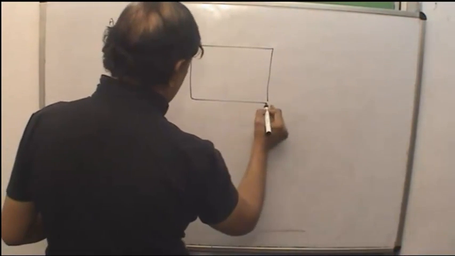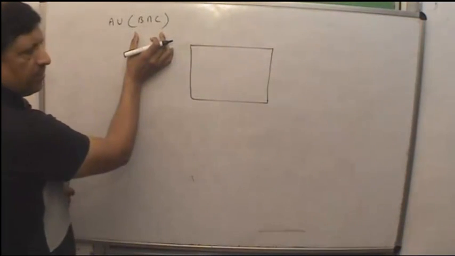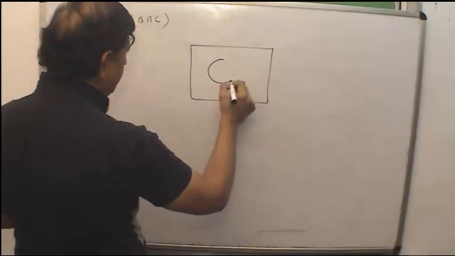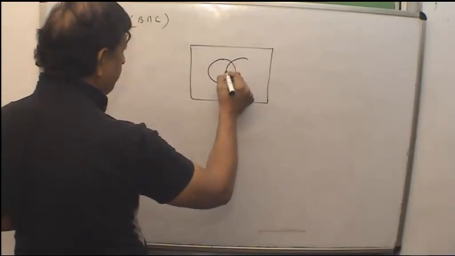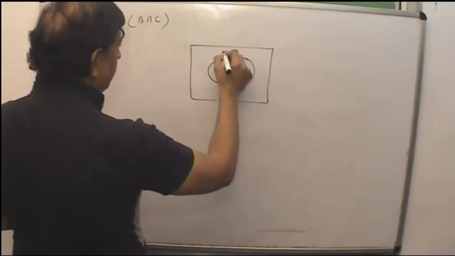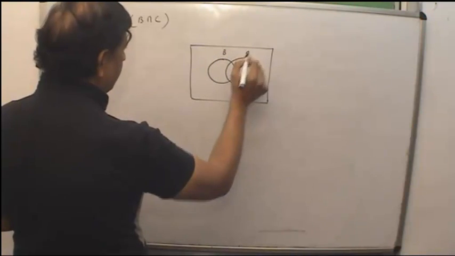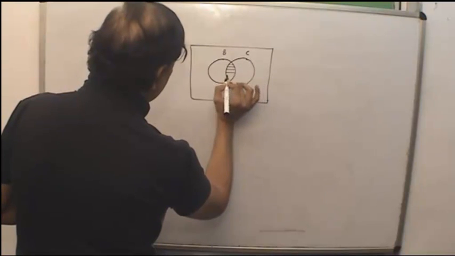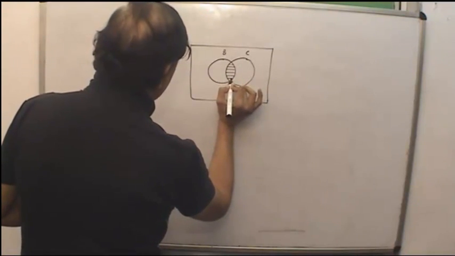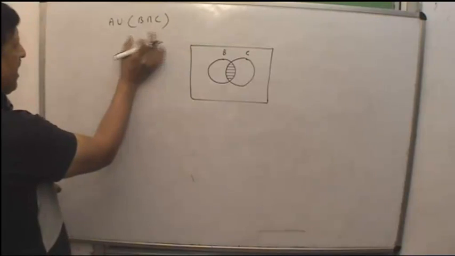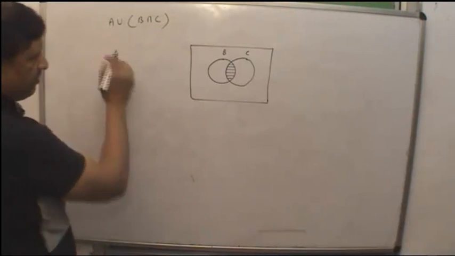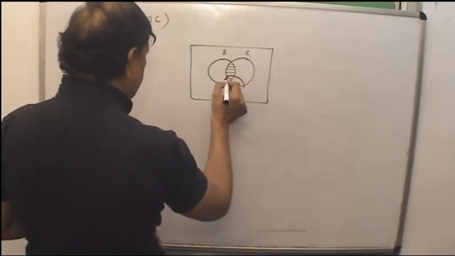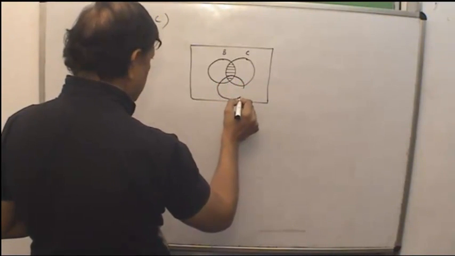Start solving the problem from the brackets. It is B intersection C. Here it is B, and here it is C. We start with the bracket, B intersection C. This bracket has union with A. It means A will cross both the circles.